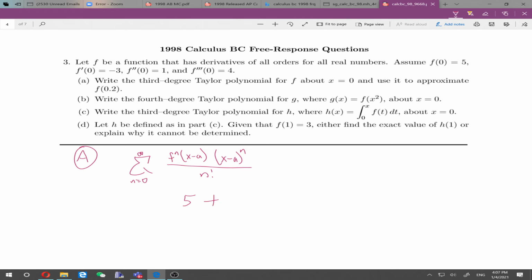Okay, 5 plus negative 3x to the first power over 1 factorial, plus 1x squared over 2 factorial, plus 4x cubed over 3 factorial. Okay, and that is our third degree Taylor polynomial, P3 of x, of this function that we're trying to approximate.